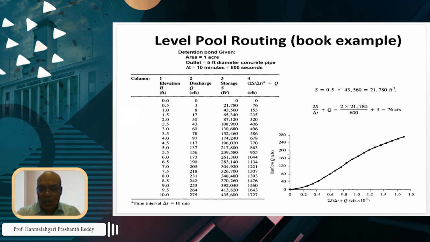This is a level pool routing question, where we have a pond. The area is 1 acre and it has vertical walls, and the outflow leaves this pond using a 5 feet diameter concrete pipe.